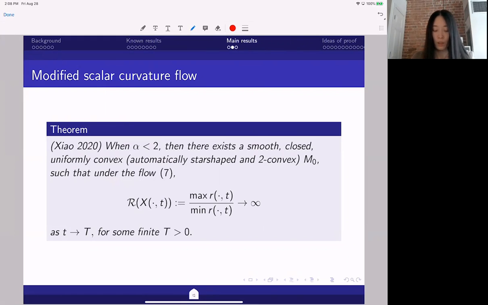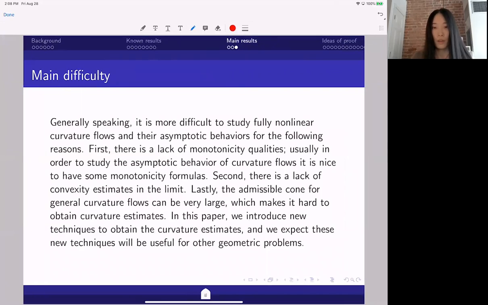Okay, so we're going to generally talk about the difficulty of proving results for general curvature flow. There are the following difficulties.